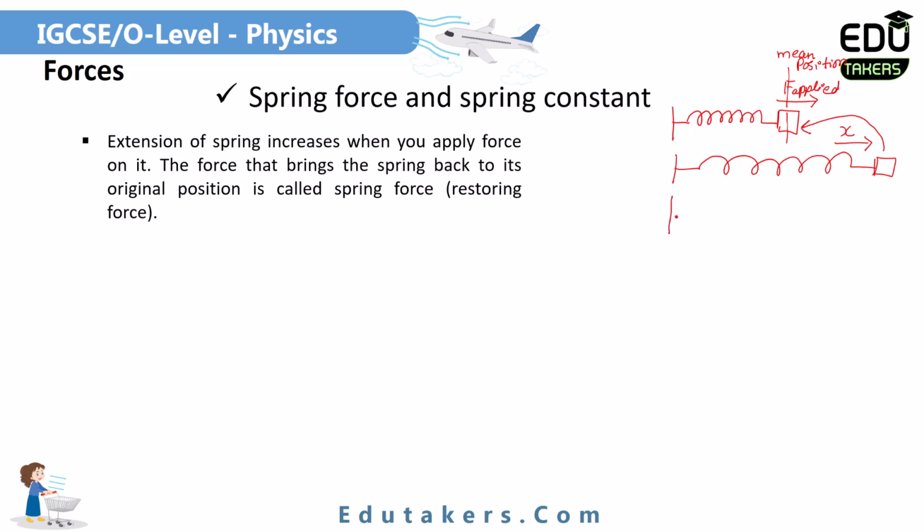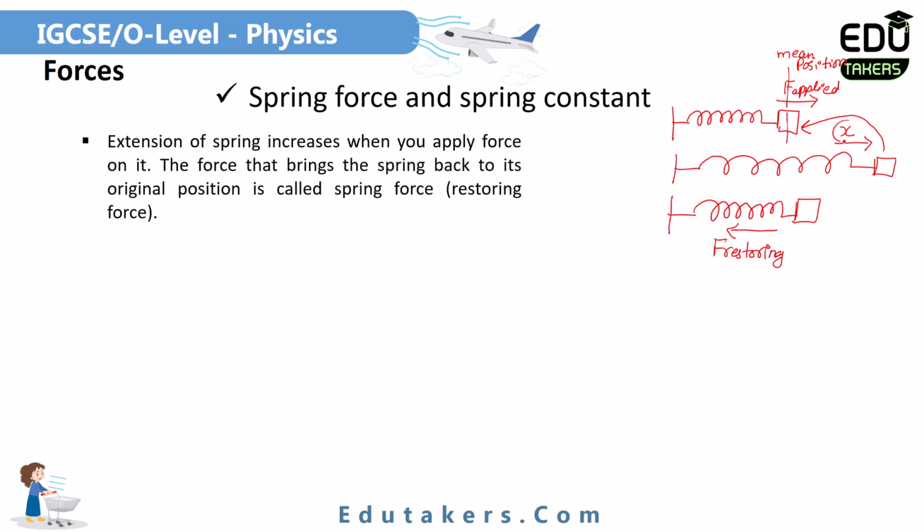I also draw here the same figure and again the mass is here. But in this case, there is a force acting towards the left, and this force is called the restoring force. Because of this restoring force, the object moves towards its original position. So see here the direction of the restoring force and the extension.